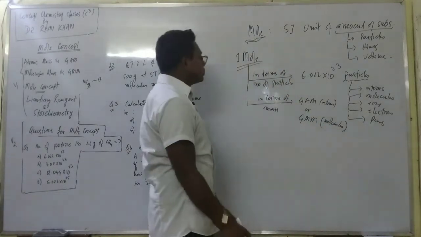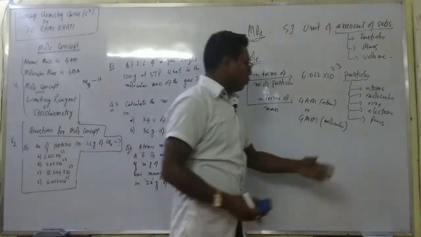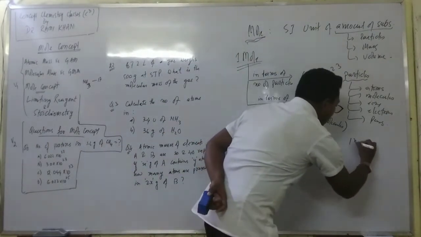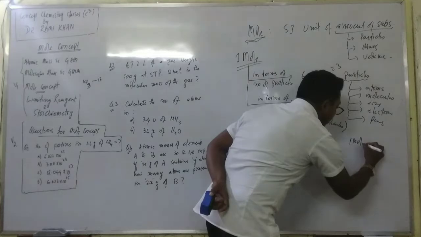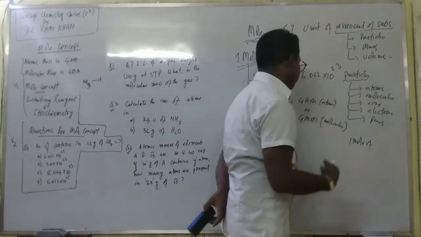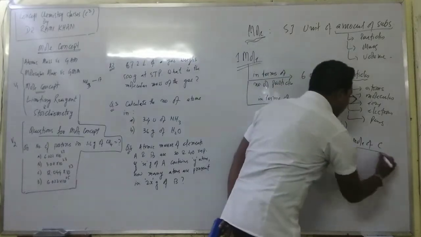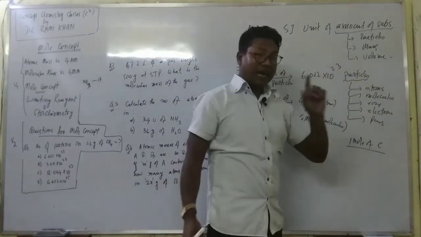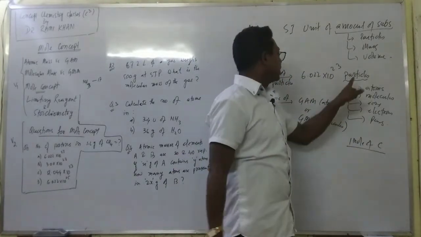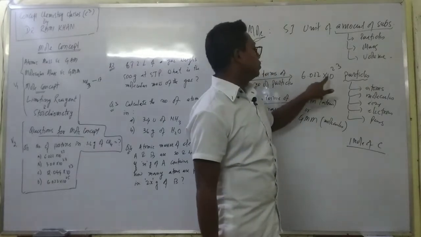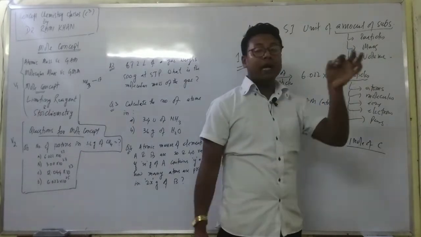For example, we can say suppose 1 mole of carbon. Since carbon is an atom, 1 mole of carbon will contain 6.022 into 10 to the power 23 carbon atoms.